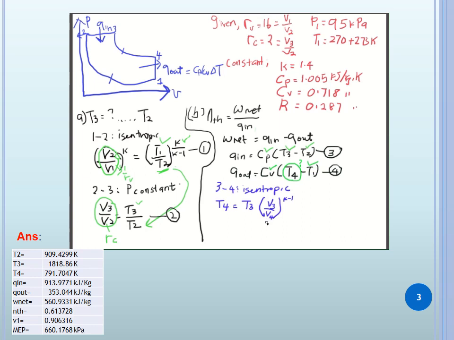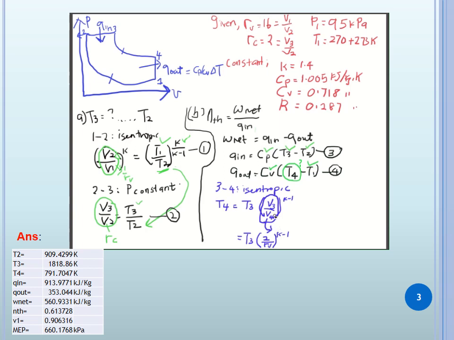Remember that V3 over V4 is actually something you can substitute by using RV and RC. You will find that it is actually 2 over RV, to the power K minus 1. So how can we find this?